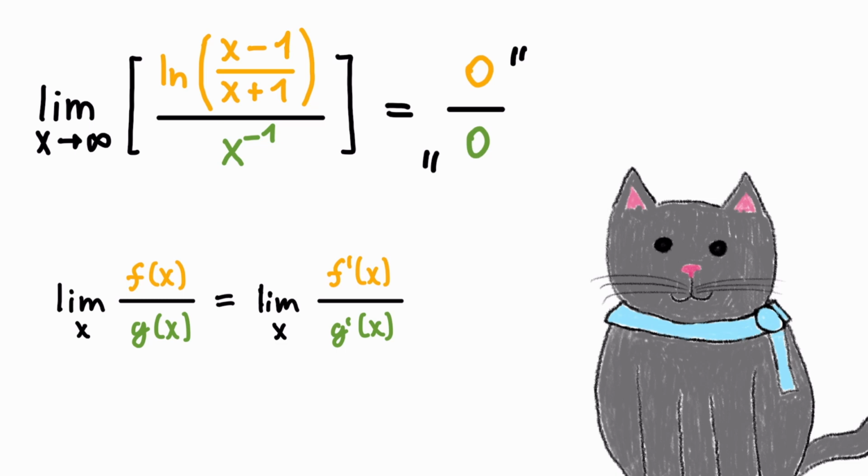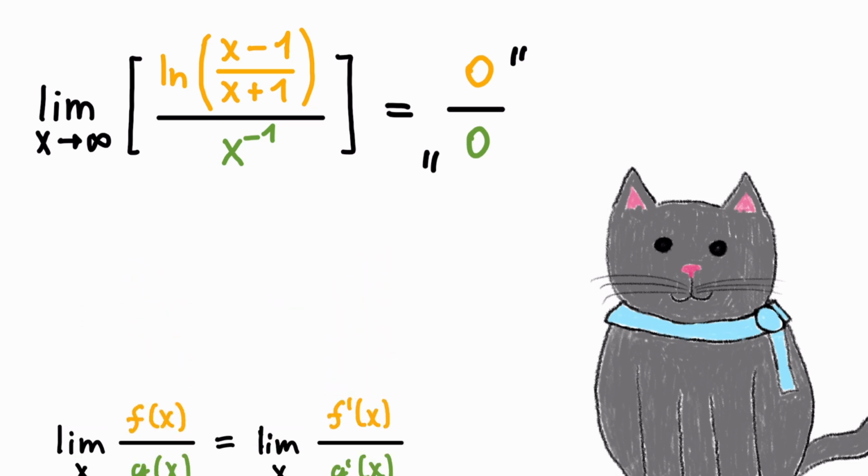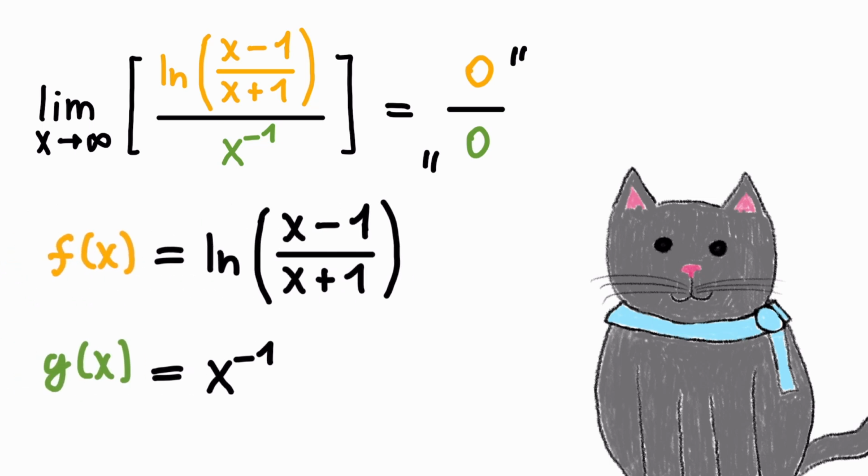L'Hopital's rule states that any time we want to calculate a limit of the form f of x divided by g of x, and a 0 divided by 0, infinity divided by infinity, or similar situation arises, we can calculate the limit by calculating the limit of the derivatives of the involved functions f of x and g of x. For our limit, f of x is ln of (x minus 1) divided by (x plus 1), and g of x is x to the minus 1, or 1 over x.